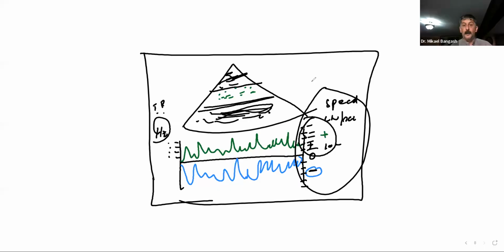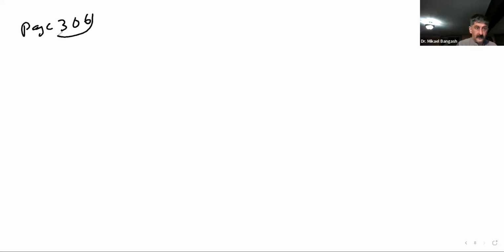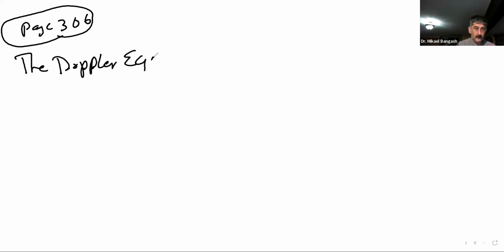Okay, girls. Now you may see in your book an equation on page 306. Does everybody have their books? Yes. Okay. If you go to page 306, you see the heading to that is the Doppler equation.